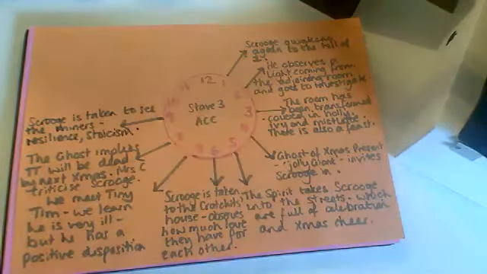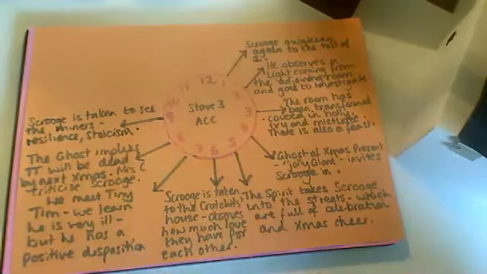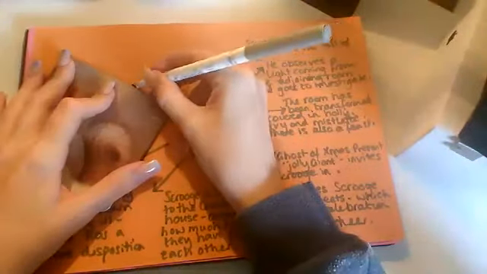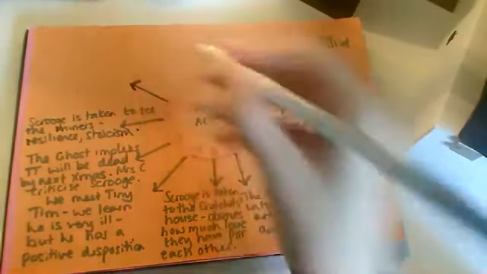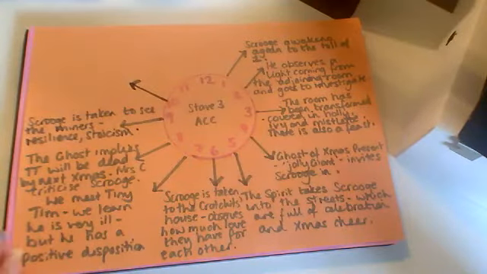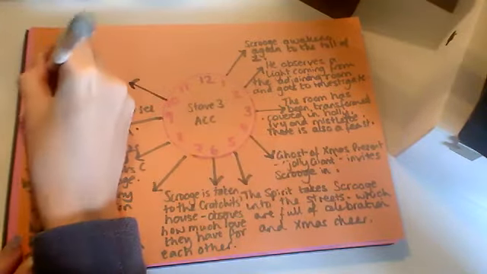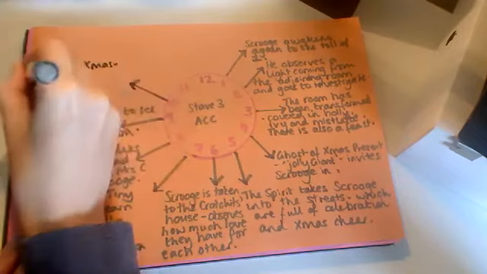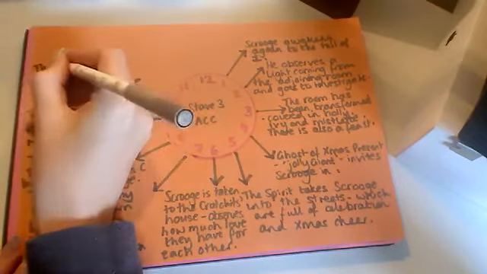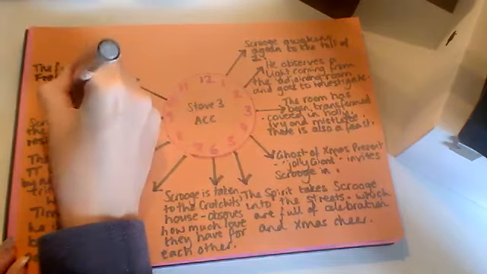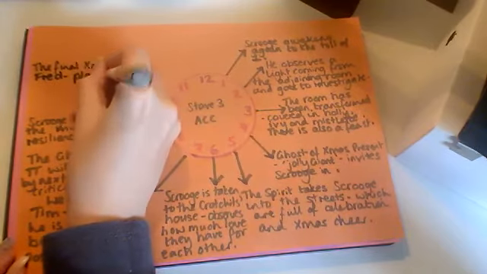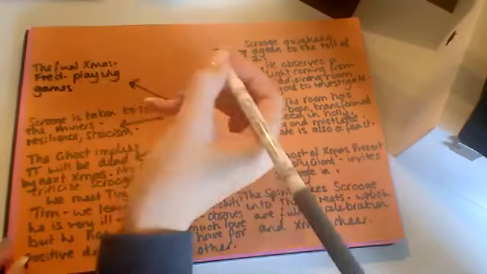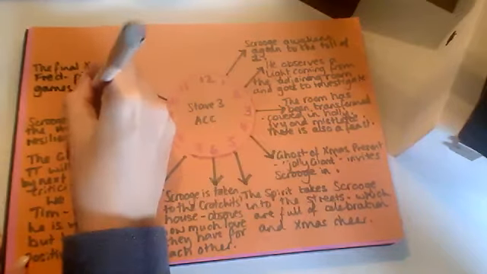Just checking my notes. The final Christmas is Fred's Christmas, his nephew. Okay, so the final Christmas, Fred. Okay, they are playing games with their friends and family and enjoying themselves.